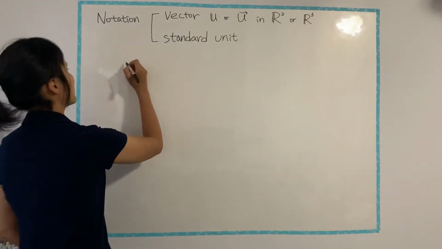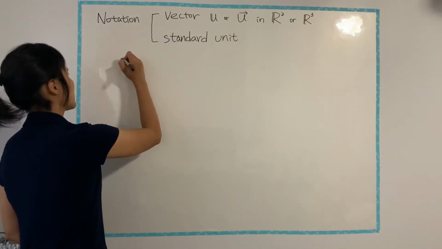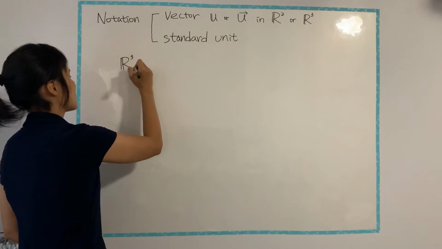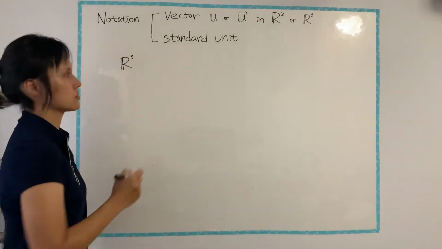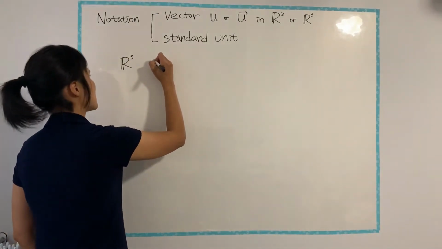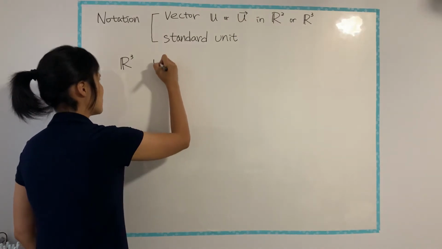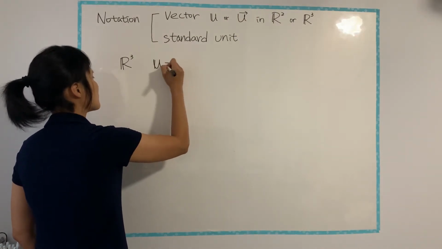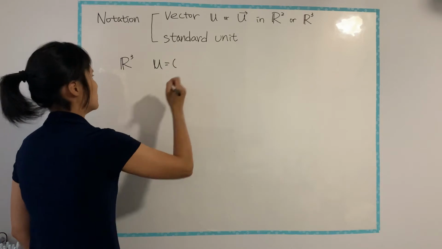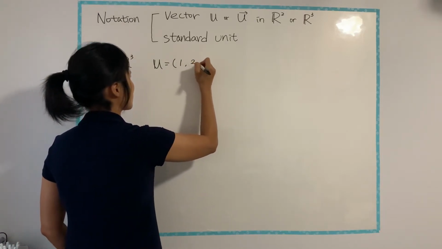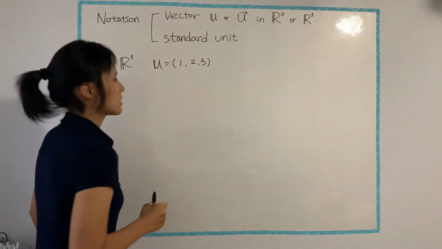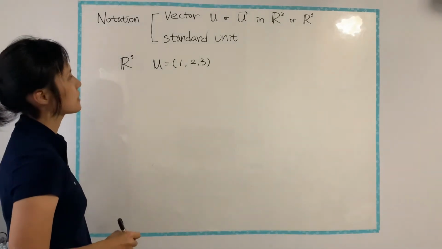Now what if I want to have a vector in three-dimensional space? So let's say I have vector u being (1, 2, 3). What does this mean then? Think about it.